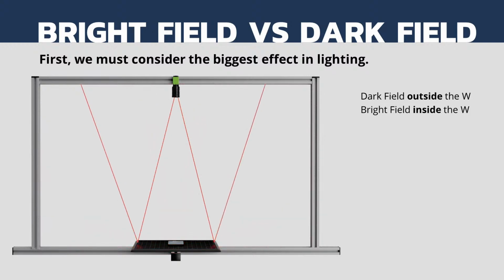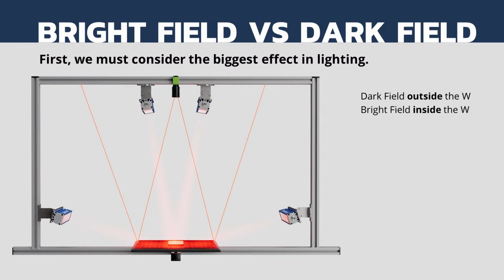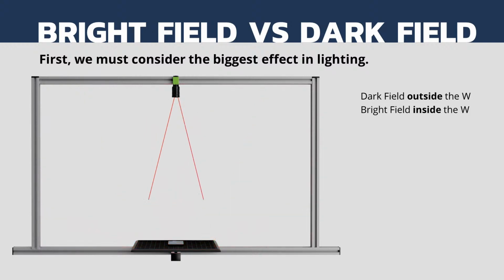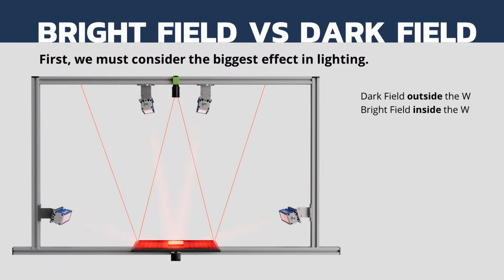These two effects are inverse of each other, and as we'll see in an example, they give us a different effect for inspecting different aspects of our objects. Depending on what the inspection task at hand is, we'll want to start with bright field or dark field imaging.